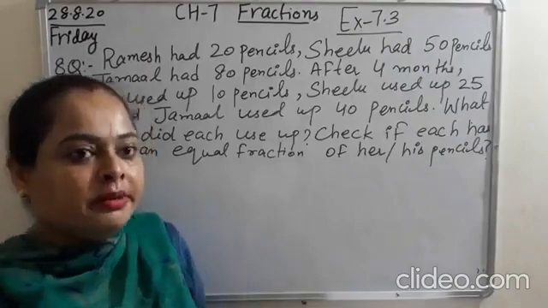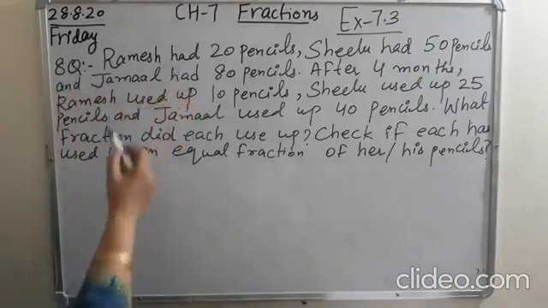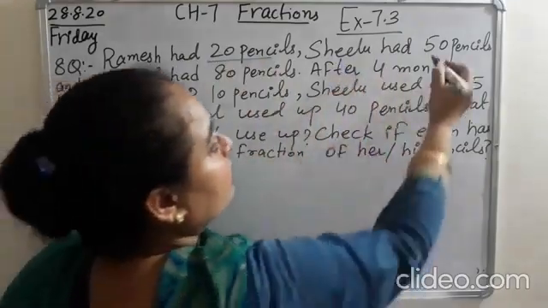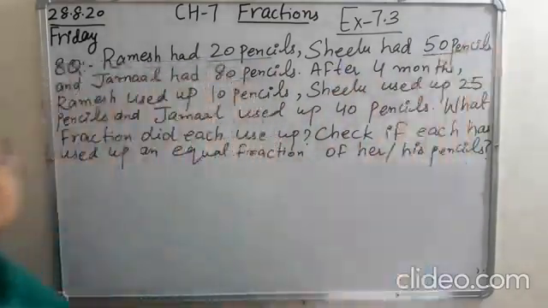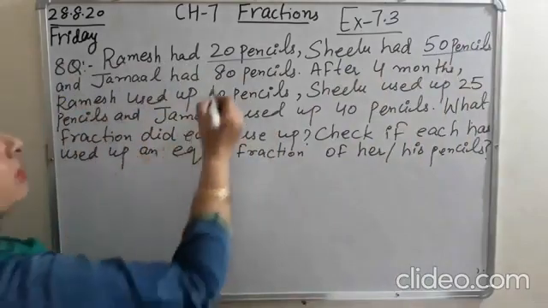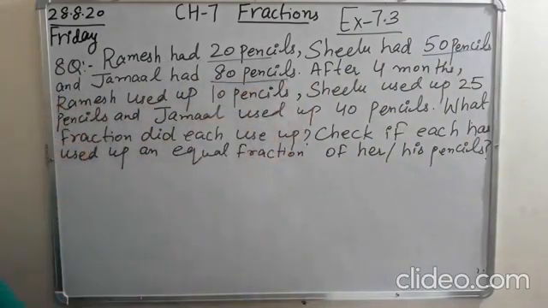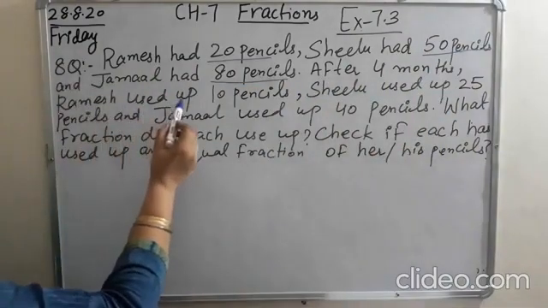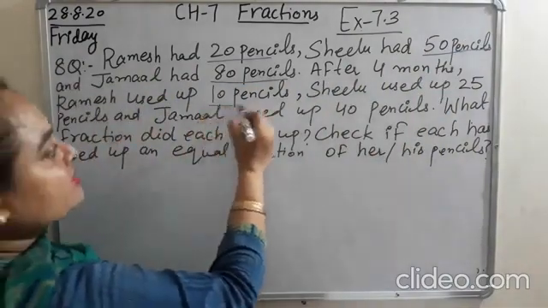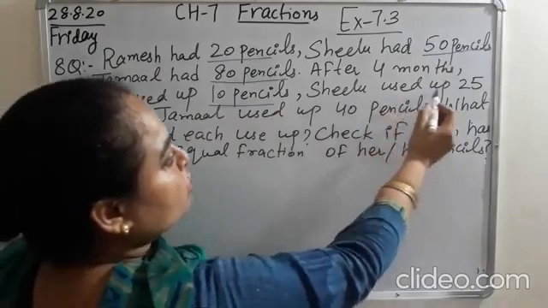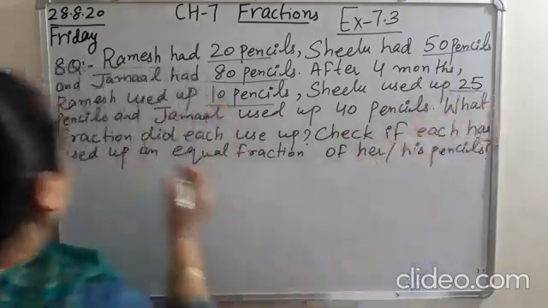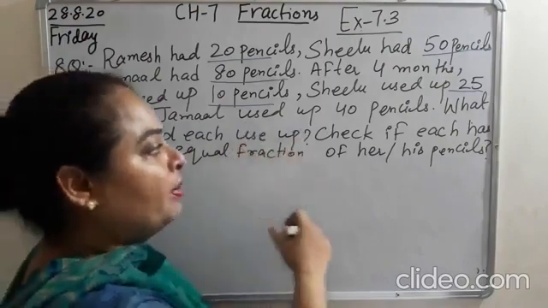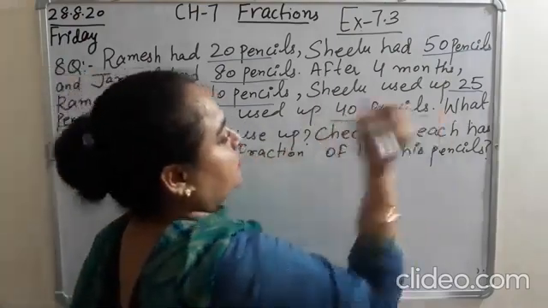Now 8th question. Ramesh had 20 pencils. Sheelu had 50 pencils. And Jamal had 80 pencils. After 4 months, Ramesh used up 10 pencils, Sheelu used up 25 pencils and Jamal used up 40 pencils.